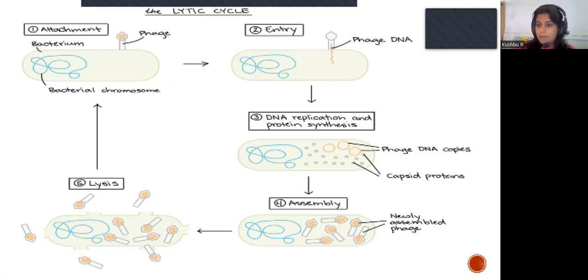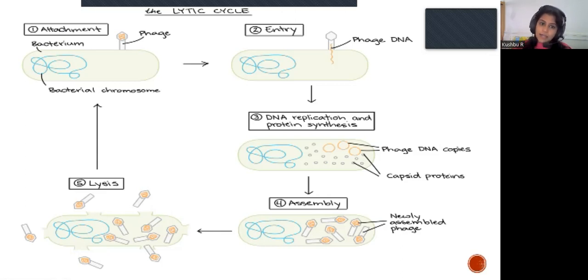Now, there are a lot of viral subunits that are being produced inside the host cell. These viral subunits need to be assembled in the form of bacteriophage. That stage is called the assembly stage, which is the fourth stage. Once this assembly and maturation happen inside the bacterial cell, they lyse and all the progeny of the virus are liberated, which go and attack the healthy bacterial cells.